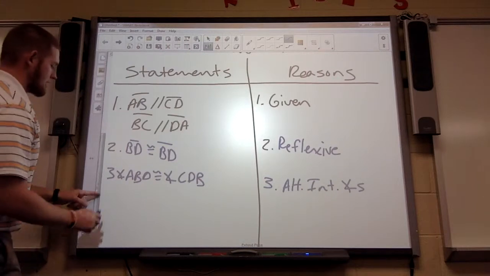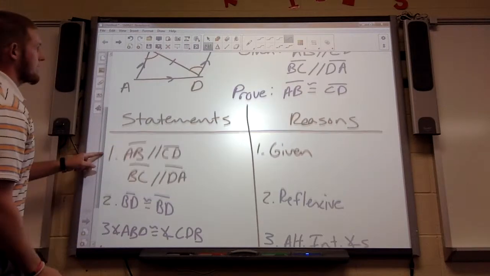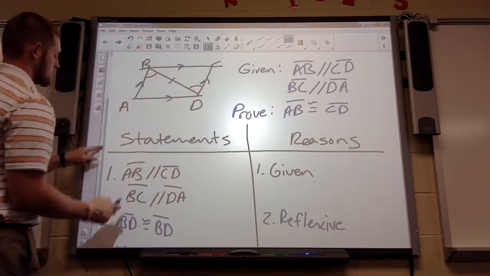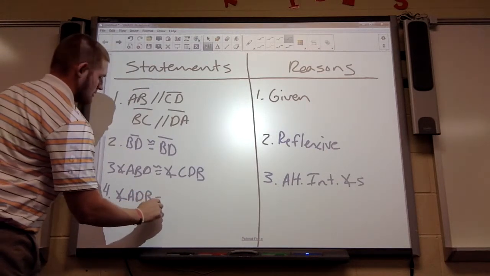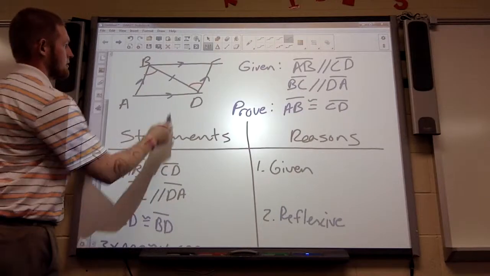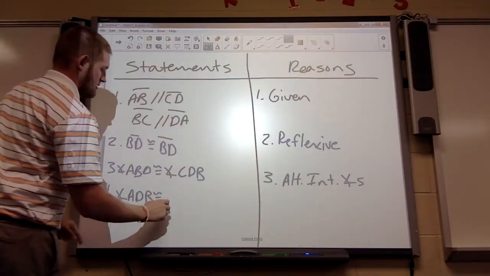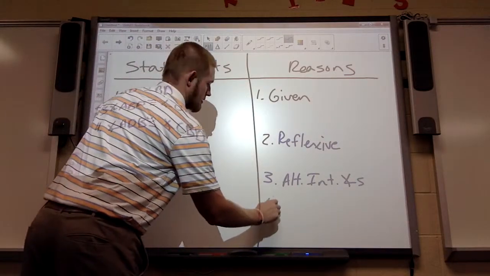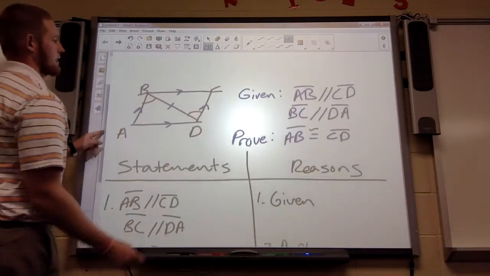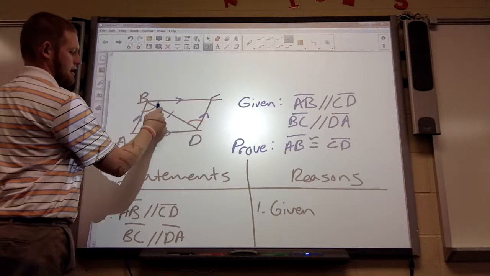So we should be able to say now that angle ADB is congruent to CBD. Again, they are alternate interior angles.